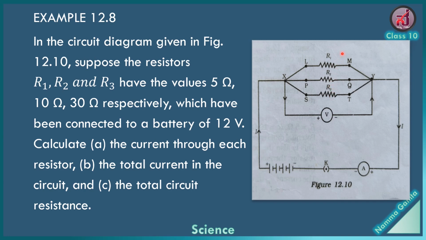R1 is equal to 5 ohm, R2 is equal to 10 ohm, R3 is equal to 30 ohm, which have been connected to a battery of 12 volt.